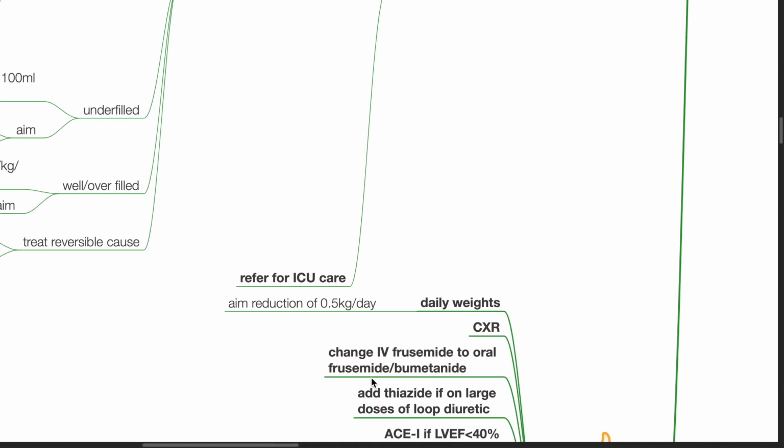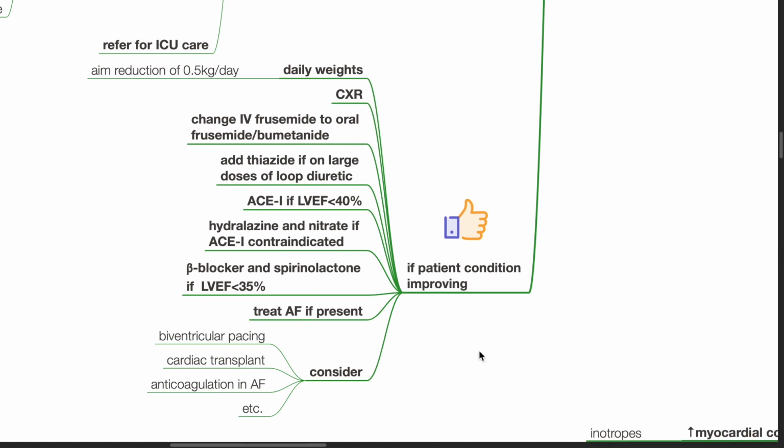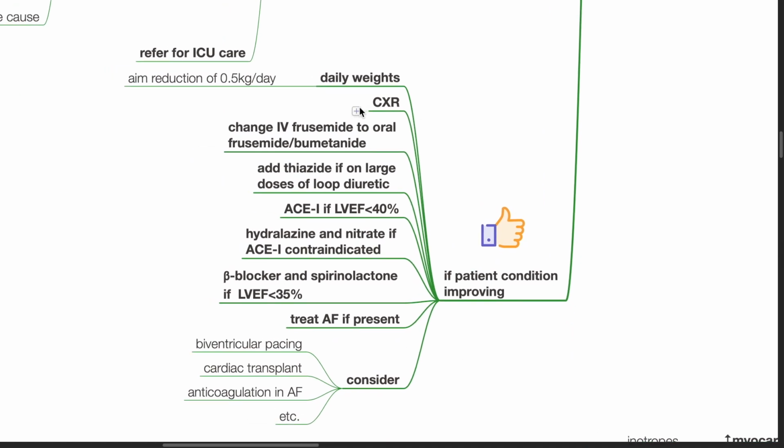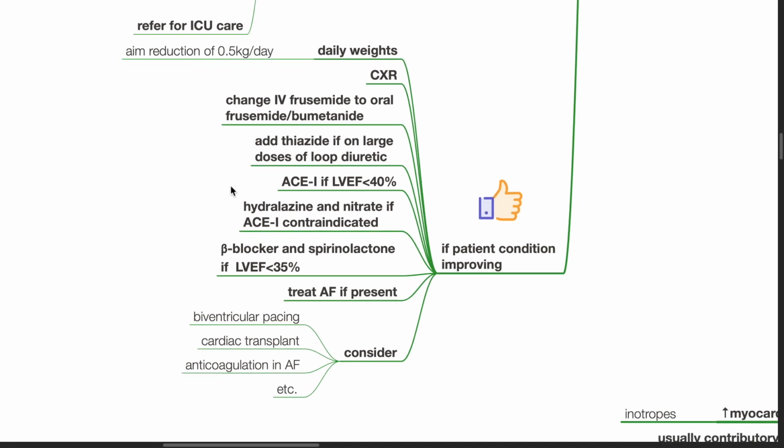If the patient's condition is improving, do daily weights, aiming for reduction of 0.5 kg per day, and chest X-ray. Change IV furosemide to oral furosemide or bumetanide, add thiazide if on large doses of loop diuretics, ACE inhibitors if left ventricular ejection fraction is less than 40%, hydralazine and nitrate if ACE inhibitors are contraindicated, beta blockers and spironolactone if left ventricular EF is less than 35%.